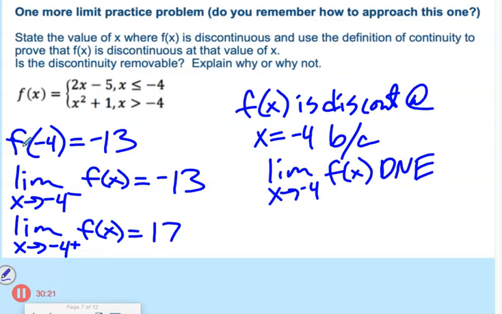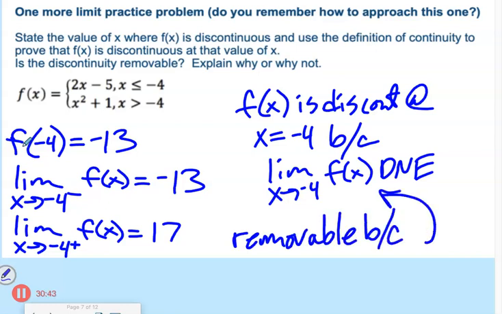Why? Beautiful. Okay, so this is removable. Oh, non-removable. Thank you. Non-removable for the same reason that it's discontinuous, because the limit doesn't exist.